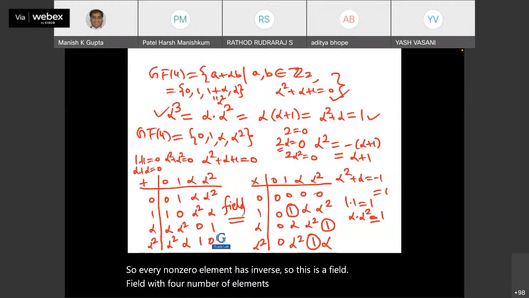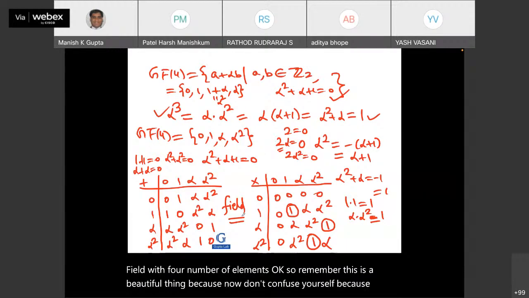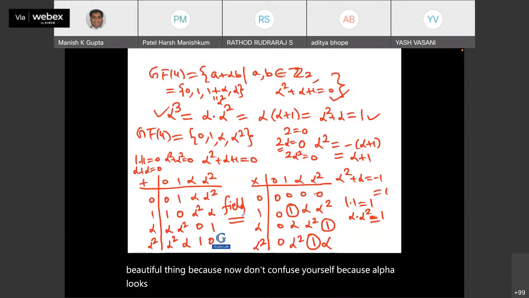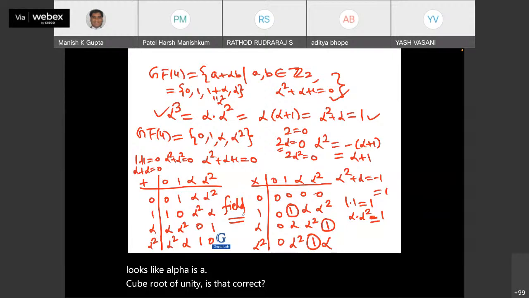Okay. Now remember, this is a beautiful thing, but don't confuse yourself, because it looks like alpha is a cube root of unity. Is that correct? Because alpha cube is equal to 1, it is a root of unity, right?